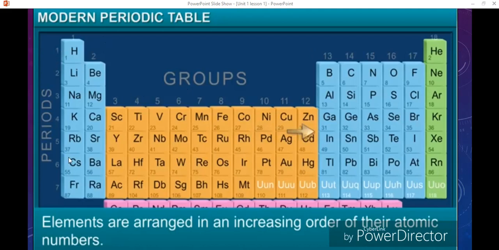The second period starts with lithium. Then the third starts with sodium. The fourth starts with potassium.